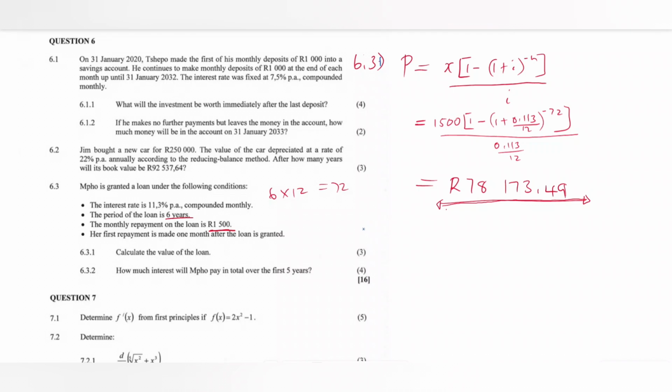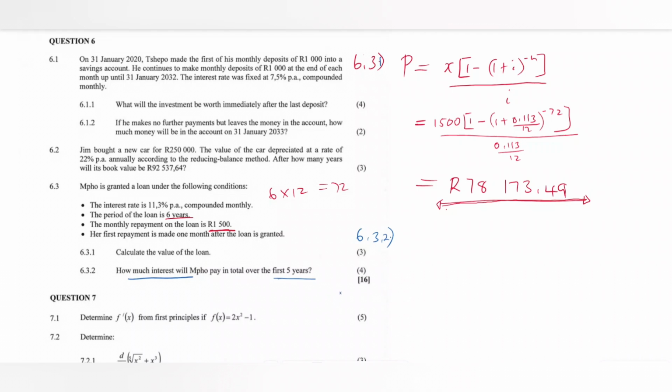Next question, 6.3.2. How much interest will Mpho pay in total over the first 5 years? So in this case, to check the amount that she paid, what we need to do here, we can calculate the outstanding balance of the loan after 5 years.